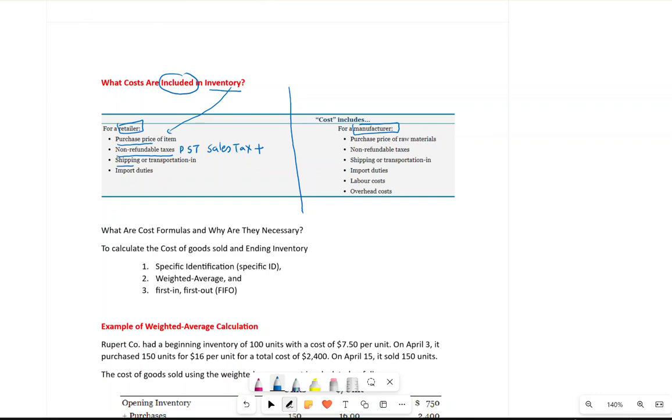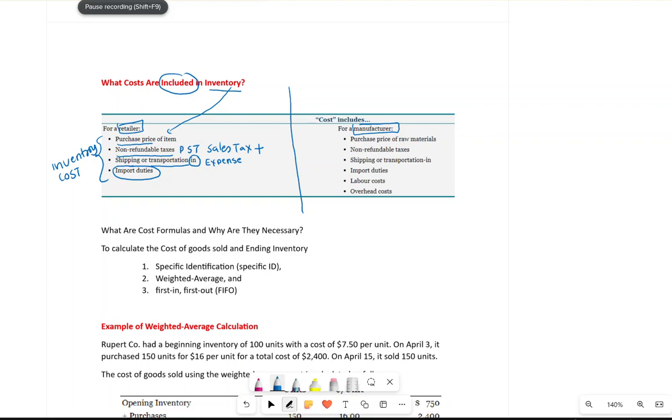Also the shipping or transportation in, so any expense that we have to bring the items into our warehouse. If you're buying product from overseas, you have to pay the import tax. All these are part of the inventory cost.